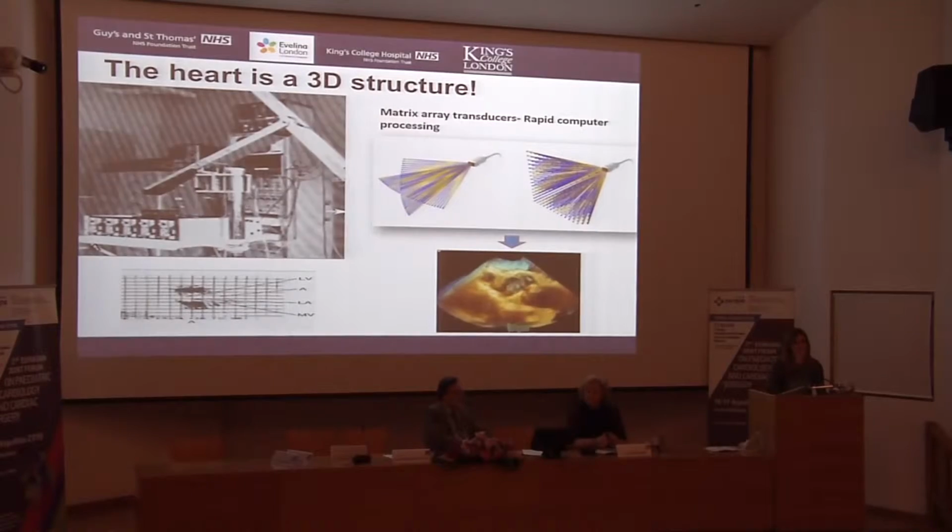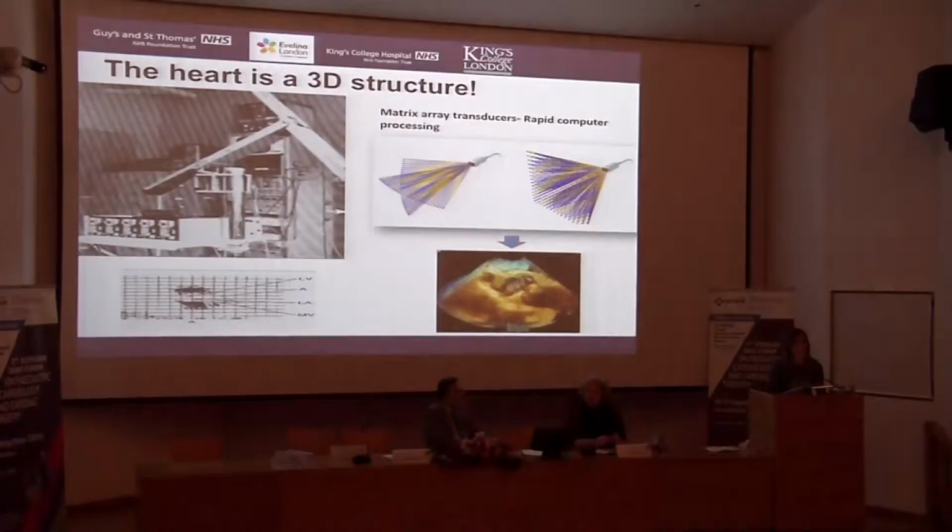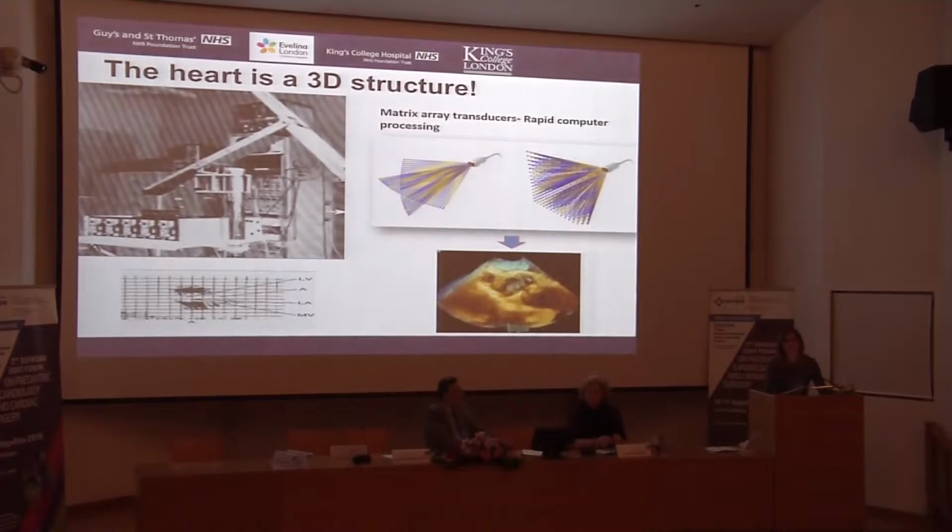In the last 20 years, there have been significant advances in 3D echocardiography, and currently it is being used as an adjunct to 2D echocardiography. Starting from the first attempts to have a 3D model of the heart using a mechanical spatial locator, we have significant advances in transducer technology.